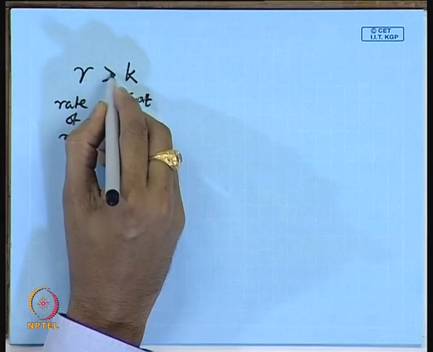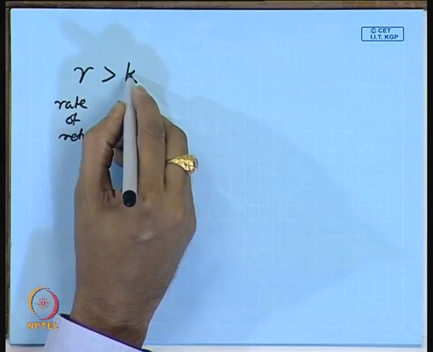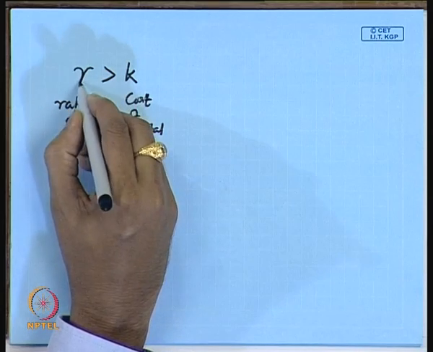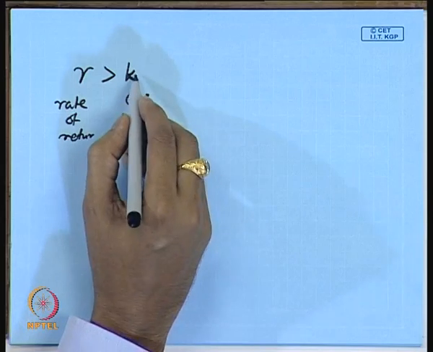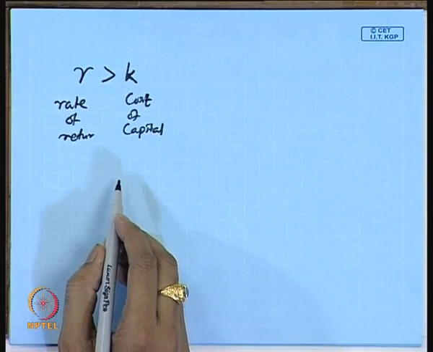So, the company should put money in a particular project which is expected to earn a return more than what the investors expect out of the company when they finance it.